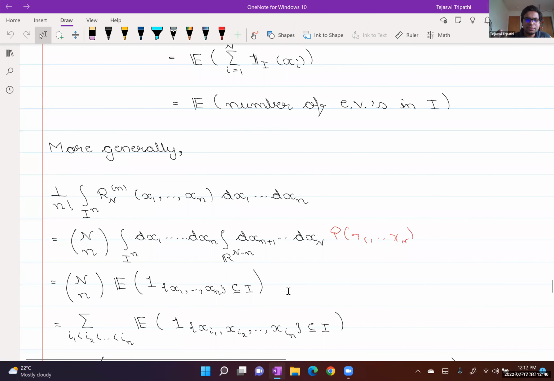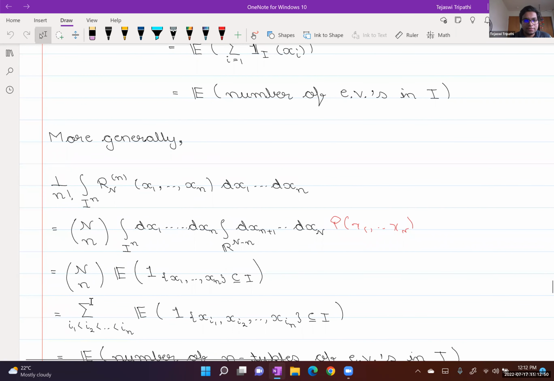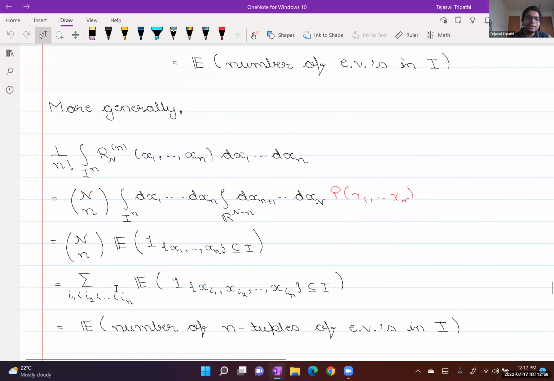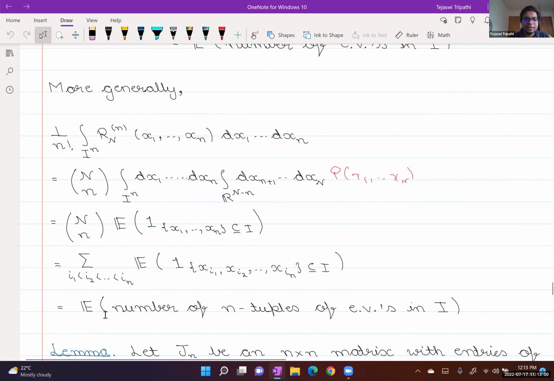But again, due to the fact that p is symmetric, I can write this as a summation over all n-tuples of eigenvalues of this. Then you take the summation inside, which gives the expectation of the number of n-tuples of eigenvalues in I.